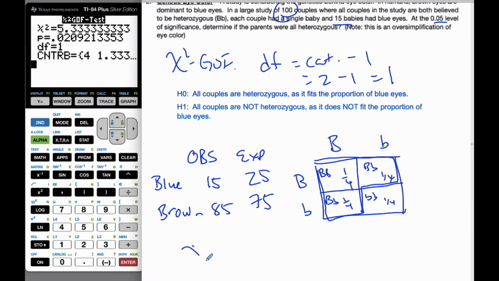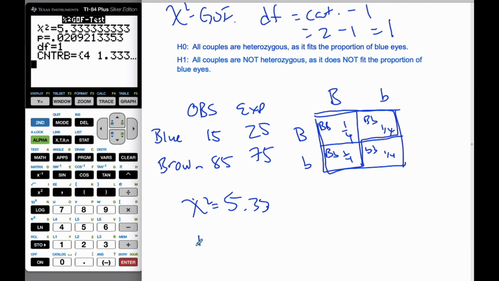And so my chi-squared is equal to 5.33, and my p-value is equal to 0.0209.